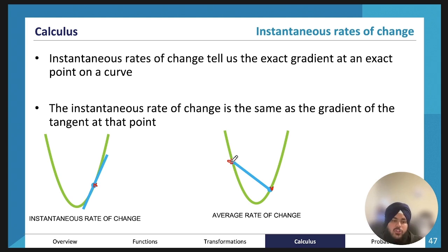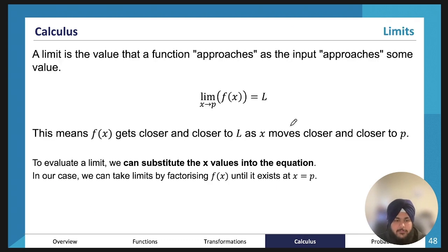Now that's really hard to determine because if we have 2 points, we have 2 sets of coordinates to work with. But if we just know one point and where it lies on the graph, there's nothing else we can do to work out the gradient at a particular point, unless using something called calculus and differentiation. So that was just a brief difference between the instantaneous and average rates of change, and also their properties.